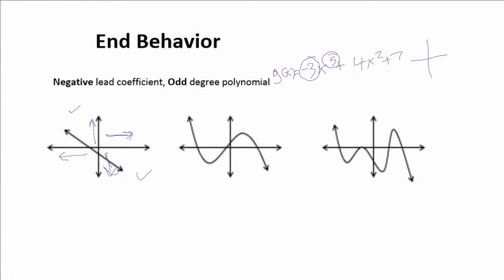So we would expect the ends, whatever happens in the middle, to be in quadrants 2 and 4. In other words, as x goes to negative infinity, we expect our function values to increase. As x goes to positive infinity, we expect our function values to decrease.